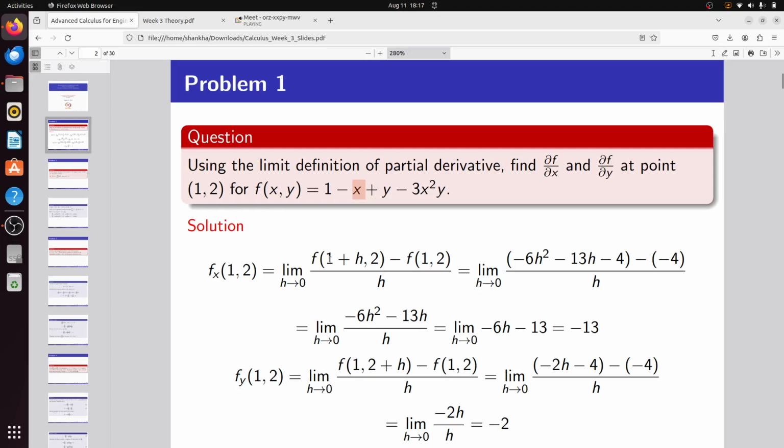In the function 1 minus x plus y minus 3x square y, put 1 plus h instead of x and 2 instead of y. By doing some algebraic calculations, you can get the functional value to be minus 6h square minus 13h minus 4.